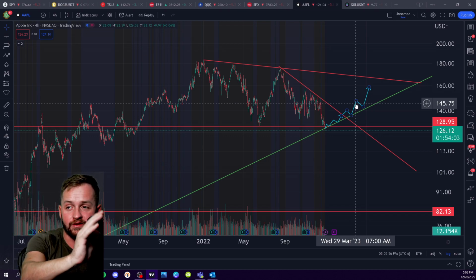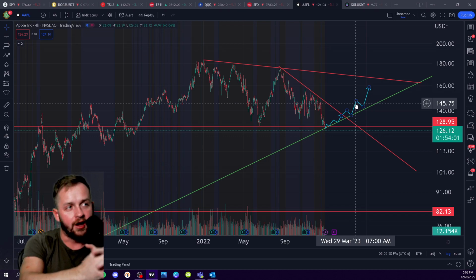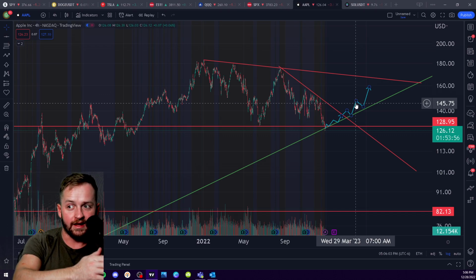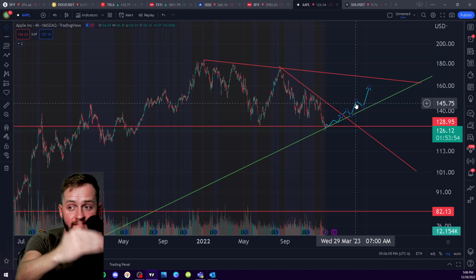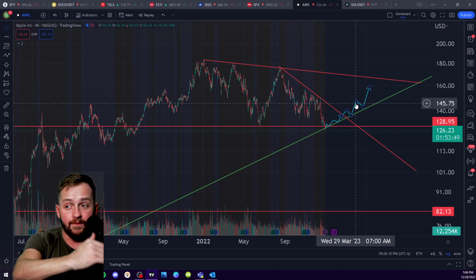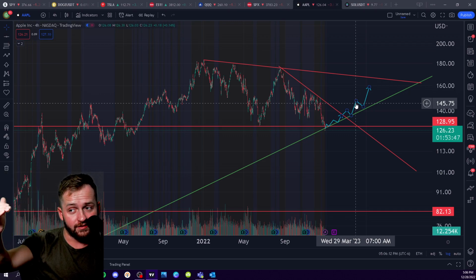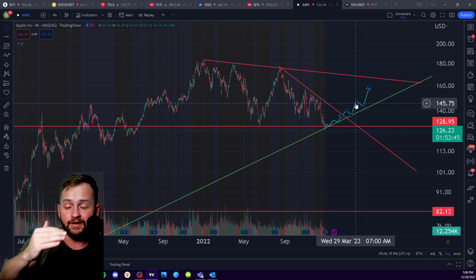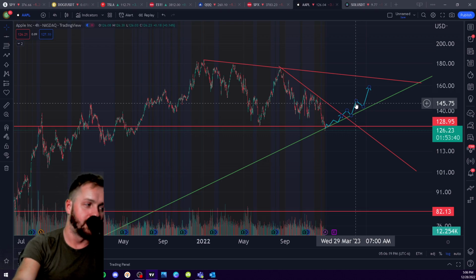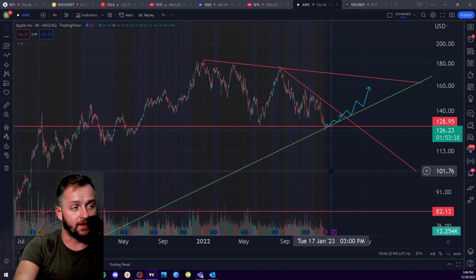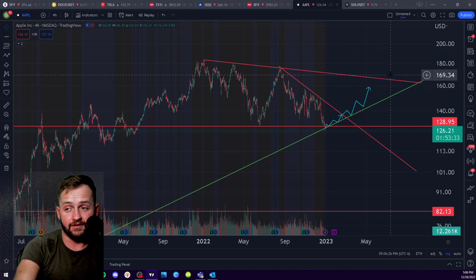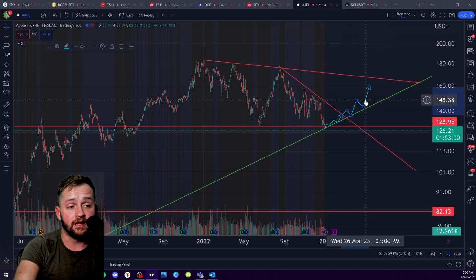I know I don't always explain that sort of stuff fully, but if I'm saying, hey, if it breaks this uptrend, I'm very bearish, that means that if it maintains that uptrend, I don't have that bearish sentiment until it breaks it. Does that make sense? I just wanted to explain that briefly because I sometimes see some confusion when it comes to that. So this is certainly a possibility, but right now I am leaning to the bearish side.